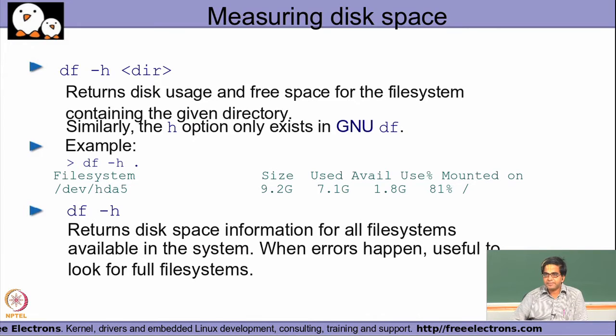For this reason, because a small chunk of my entire file system space is actually occupied for storing the metadata related to that file system, and that space occupied by the metadata is not available for the end user to store his or her own data, right. So, you will always find that the used plus the available capacity in a file system is slightly lesser as compared to the total size of the file system that a command like the df command reports to us.